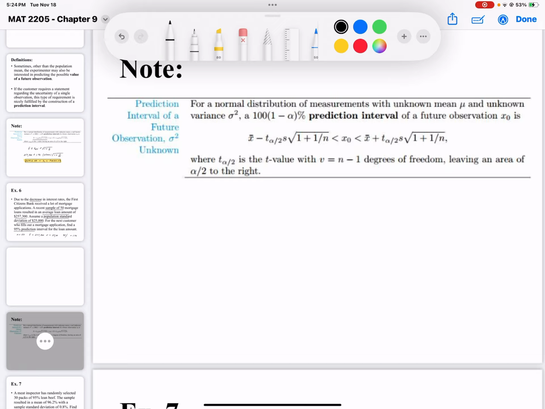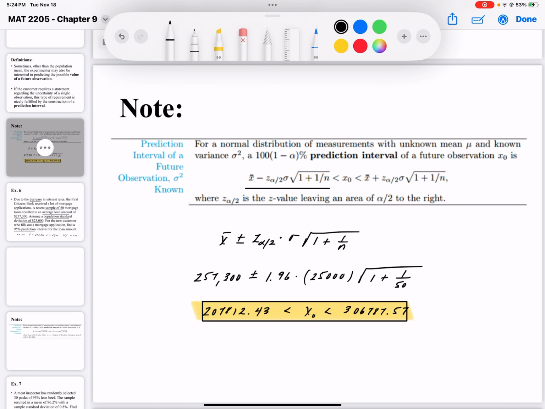The prediction interval that we did just now was for when the variance and the standard deviation are known. Very subtle, but pay attention. You see how this says known? I don't know if you could see where I'm writing.